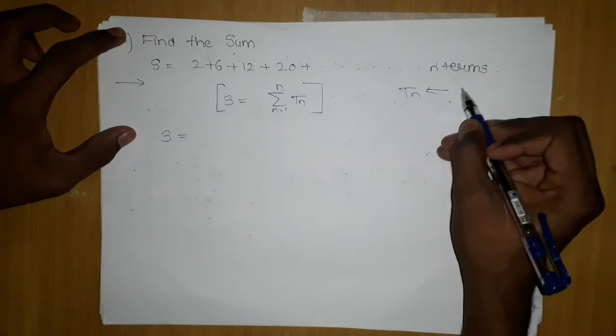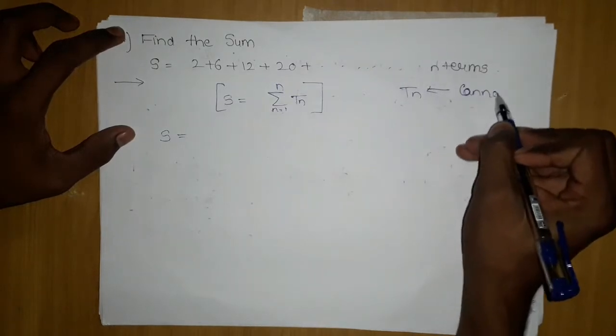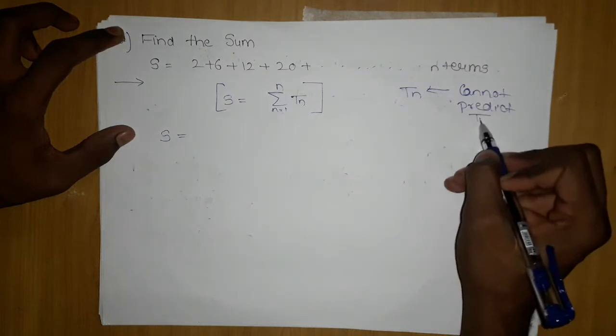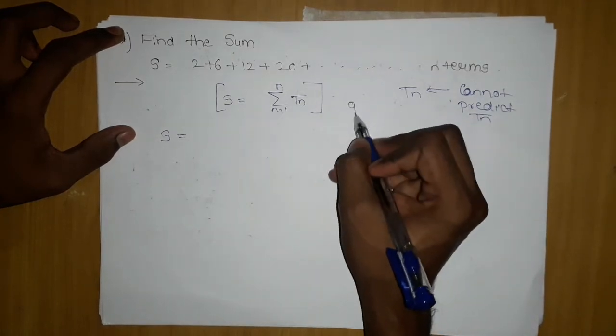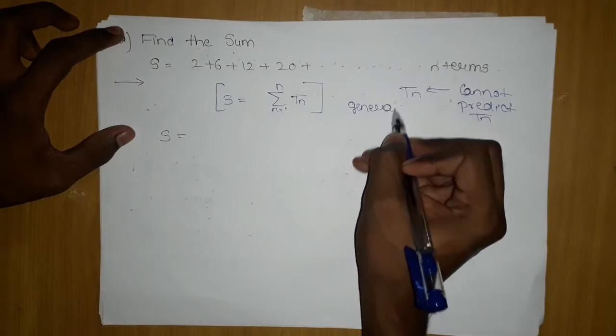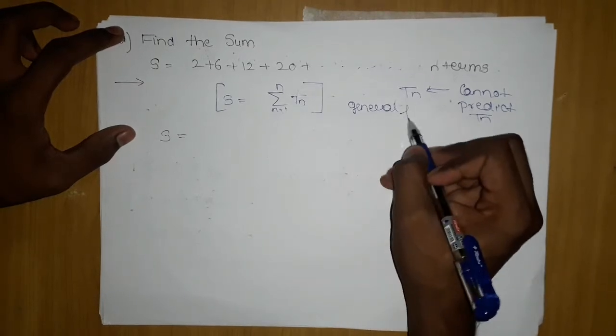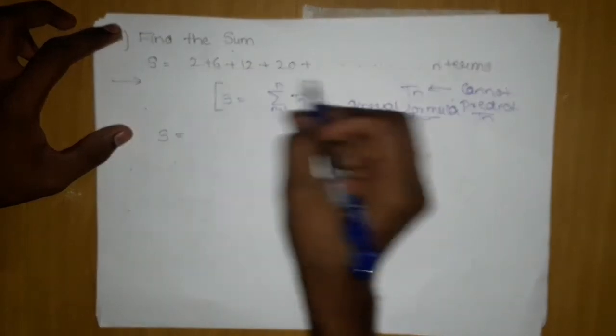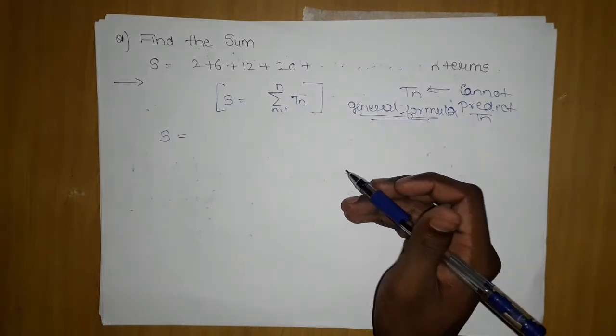Use this method when you cannot predict Tn, meaning the general formula. If you cannot predict the general formula, then use this method. If you can get the general formula, we will see that in other questions which are easy.